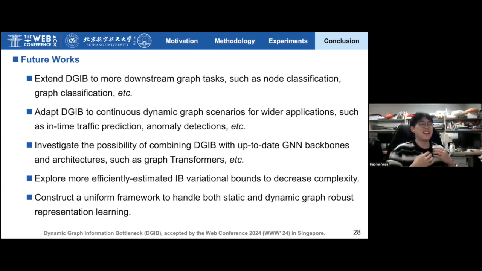Sorry, I didn't explain it very clearly. In discrete dynamic graph learning, we always assume the nodes appear in every graph snapshot in a series. This is the assumption.